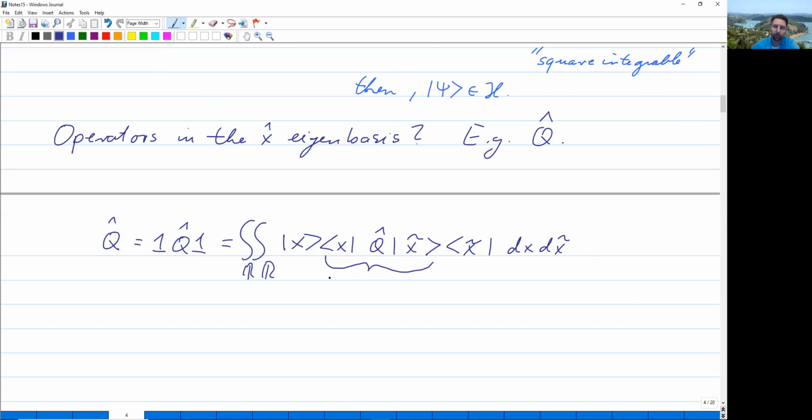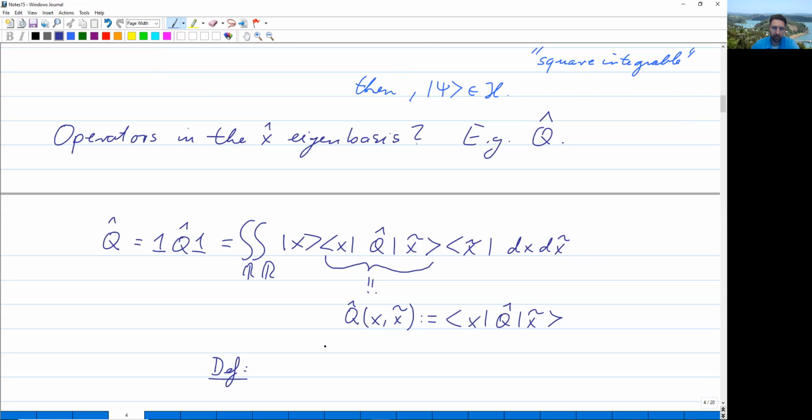So we define this to be, by definition, q hat of x and x tilde, equal to <x|q hat|x tilde.